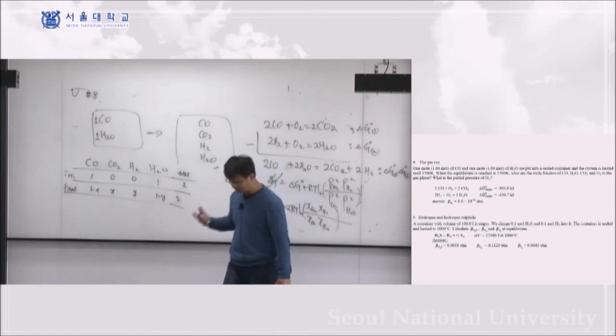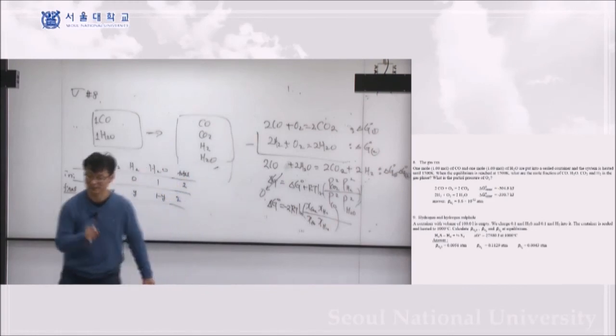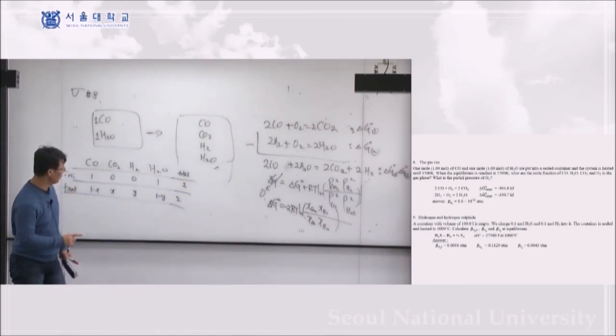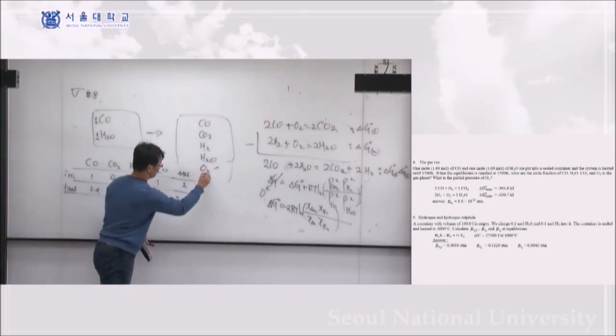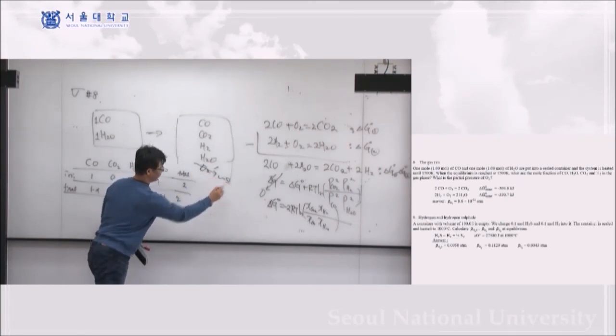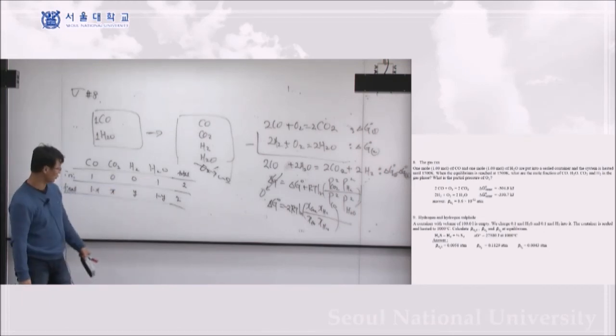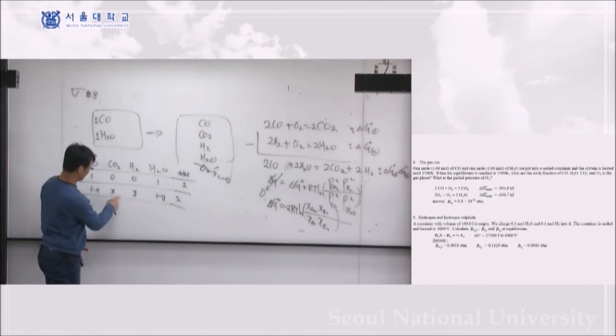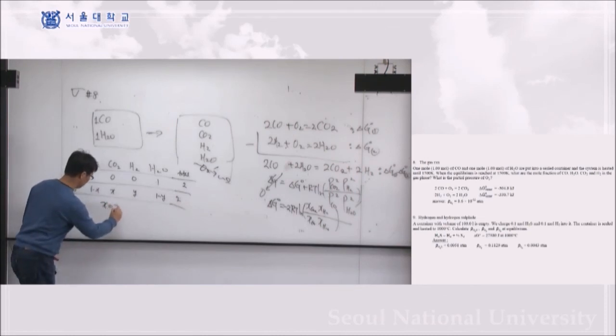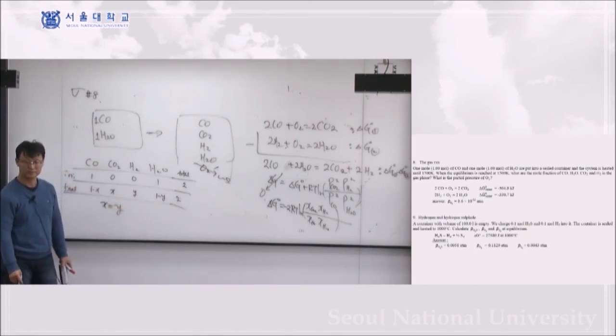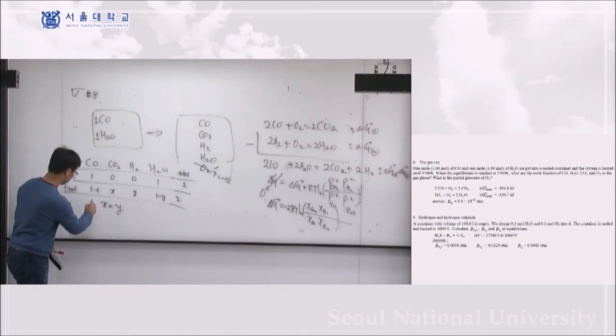So, if you actually solve this problem, you have to now make an assumption. There's no other way. Assumption number 1, as I mentioned, O2, let's assume that this is almost 0. Okay? Because that's the only way we can actually solve this. Then X and Y are the same. Okay?